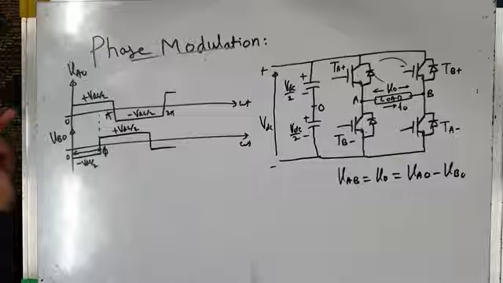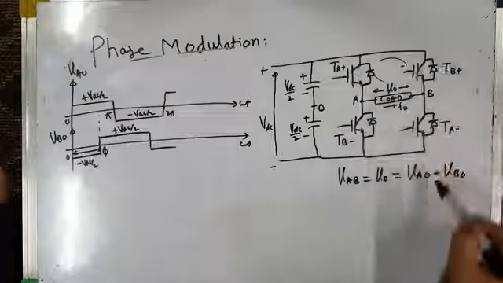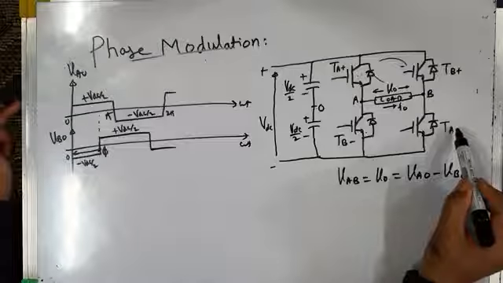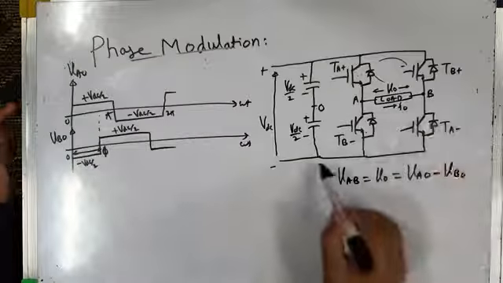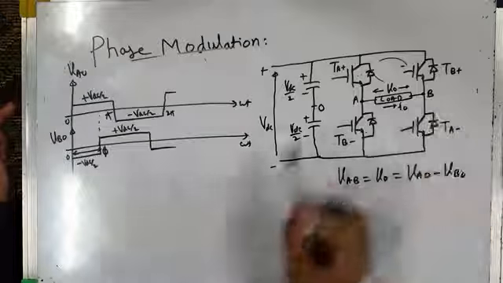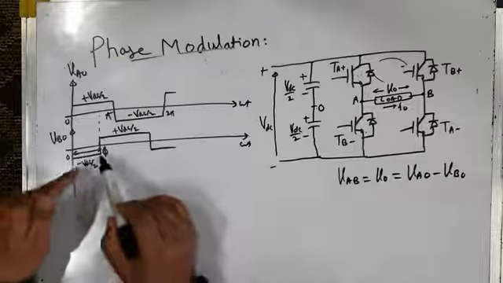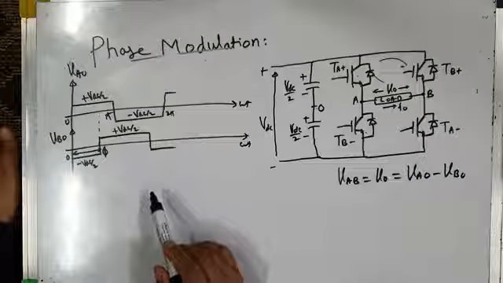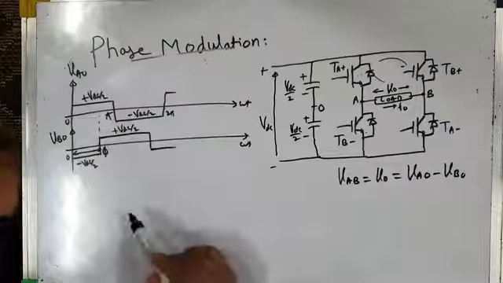So from 0 to phi, in this leg or this arm, I am turning the bottom switch on. When I turn the bottom switch on, B gets connected to the negative DC bus, and VBO is minus VDC by 2. But at phi, I am switching from minus VDC by 2 to plus VDC by 2 as far as pole voltage VBO is concerned.